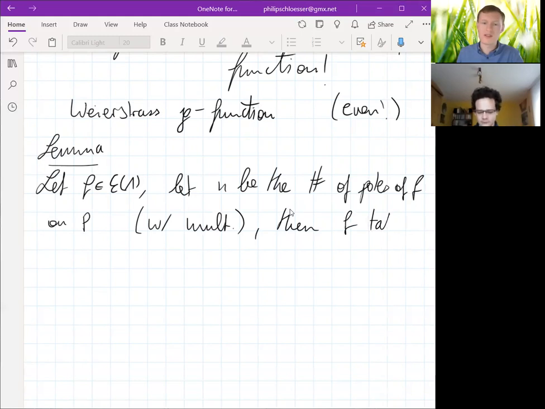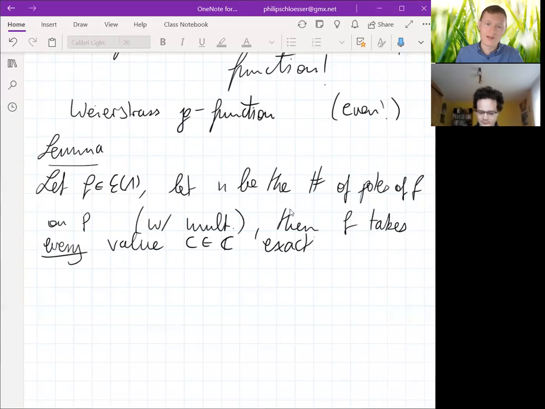Then f takes every value c exactly n times. Well, again on P and again counted with multiplicities.